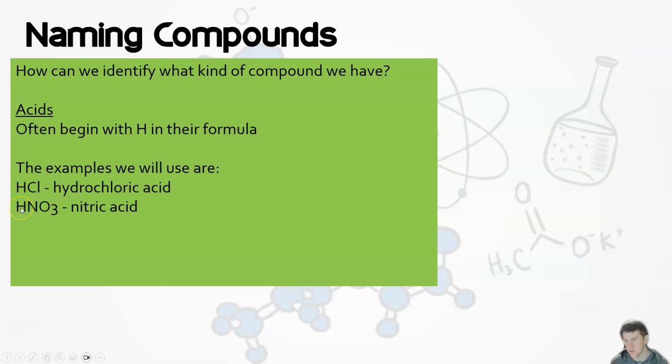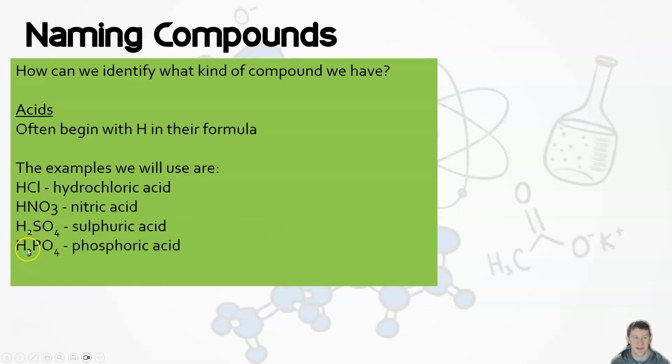But in this case, because it's an acid, we've got an H in front that tells us it's an acid. We use that nitra sound, so it's nitric acid, HNO3. Sulfuric acid, again, it's got an H in front and it's got this sulfate effect, but we use the S, the sulfur, so it's sulfuric acid.